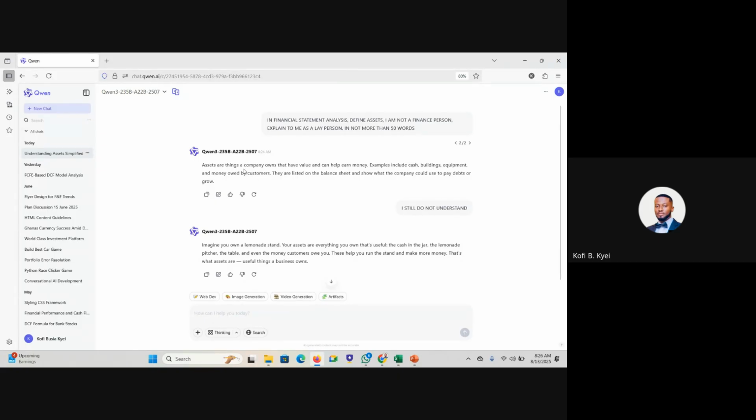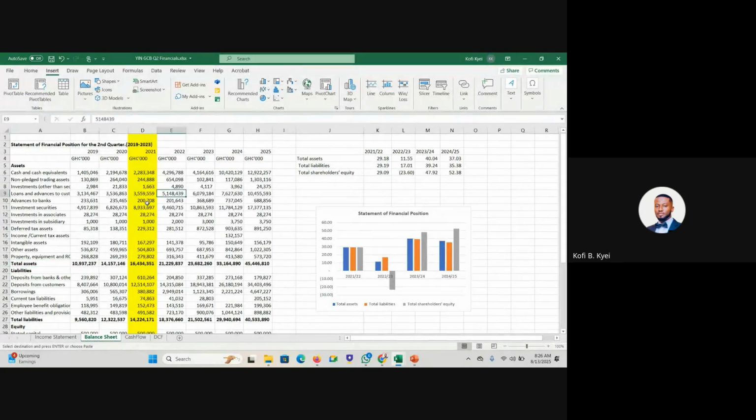Okay, so your question. Assets are stuff that the company owns. So you can see property and equipment, cash and cash equivalents that is available to the business, non-pledged trading assets, investments, loans.